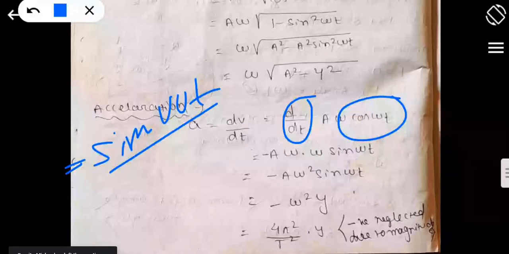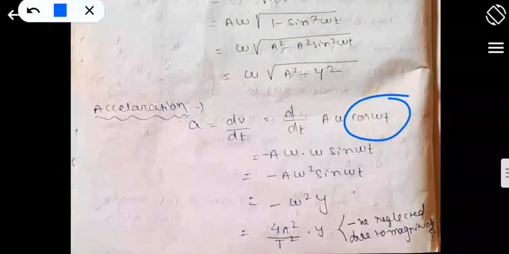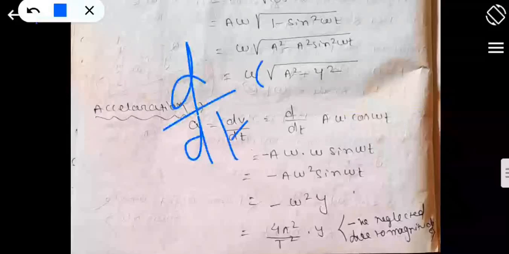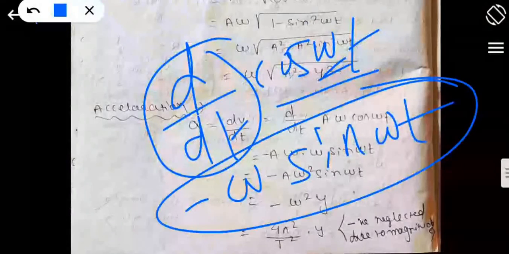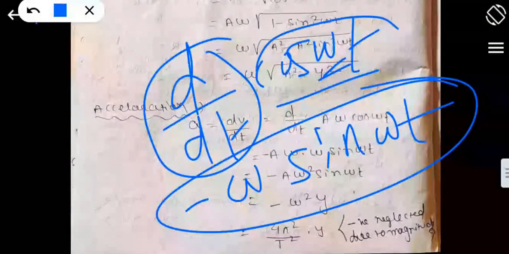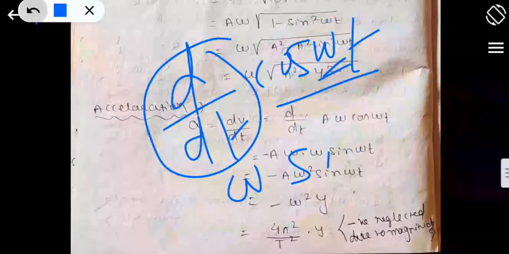Last class I told you that while differentiating this kind of thing, the constant is written first, then after that the differentiation. Sine omega t's differentiation is cos omega t, but cos omega t's differentiation is minus sine omega t into omega.